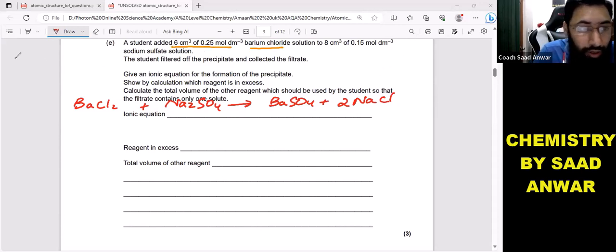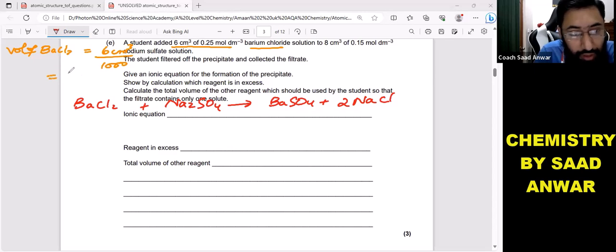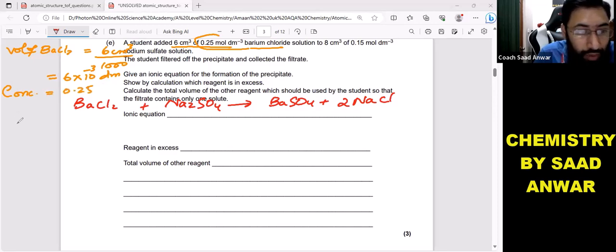The data given in the question is 6 cubic centimeter volume of barium chloride. I will divide this by 1000 to convert it into cubic decimeter. The concentration of barium chloride is 0.25 mole per cubic decimeter. I have to find moles, and moles equals concentration times volume.